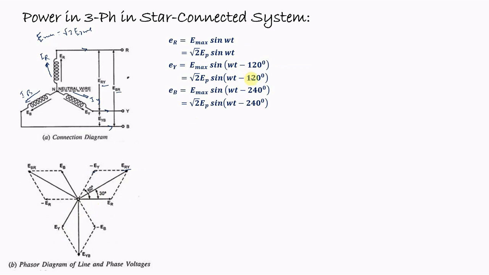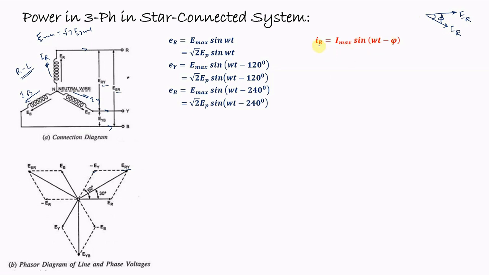Similarly, if we want to see the current expressions, as we have seen, the nature of the coil here is resistive inductive, that we have already discussed earlier. So for a resistive inductive circuit, current always lags the voltage. If we consider the R phase voltage, then the R phase current will lag the voltage by an angle of phi.